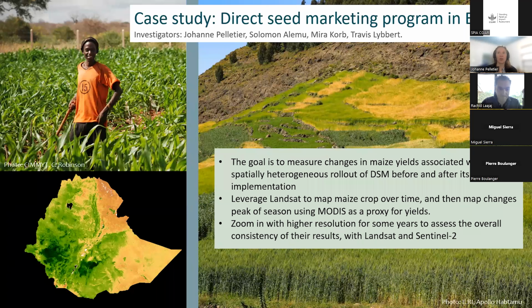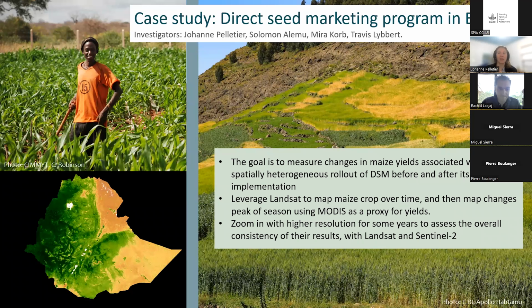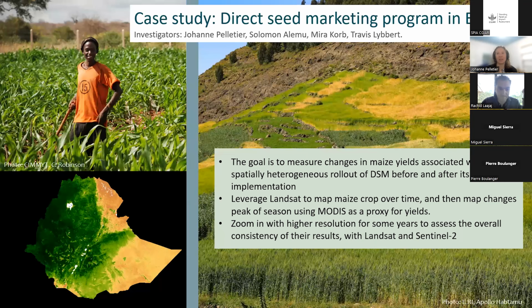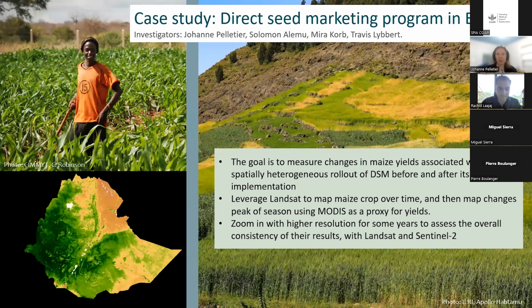The government launched in 2011 a program to create improved seed and make it more available to smallholder farmers by partially liberalizing the seed market for a wider range of certified seed providers.